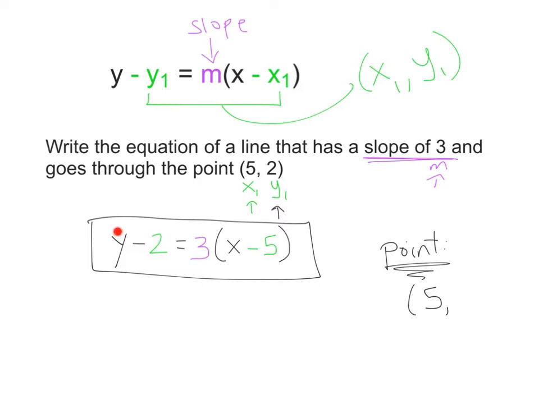And our y value would come from over here, and if it says y minus 2, we would write +2. Now, is this the point that was given in the directions that we wanted to go through? Yes, it is, 5, 2. So remember that if this is +5 and this is +2, we're going to write x minus 5 and we're going to write y minus 2, just like we did when we wrote the point from the equation.